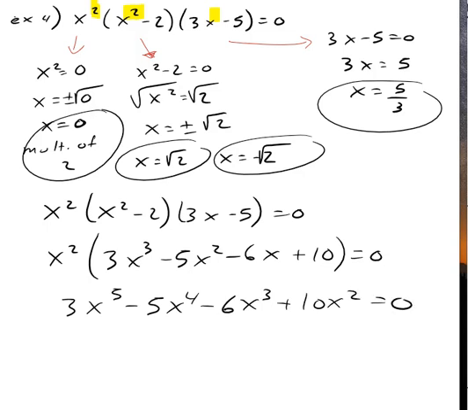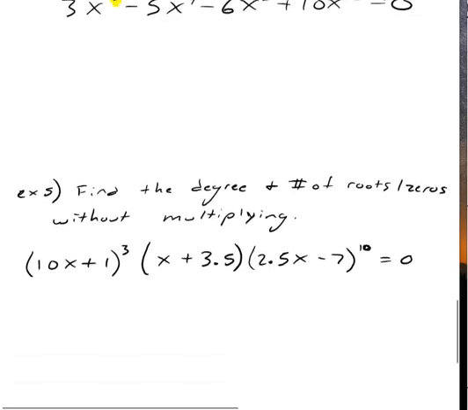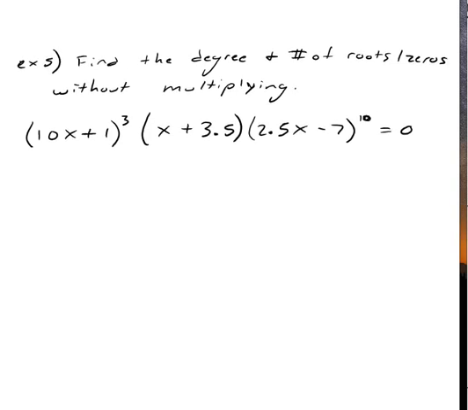So once again, degree of 5, 1, 2, 3, 4, 5. And how I counted up here, 2, 4, and the 1 here would be 5. The reason that was important is because in example 5 it says, find the degree and number of roots or zeros without multiplying. Don't do any work, just by looking at it you should know. So we count.